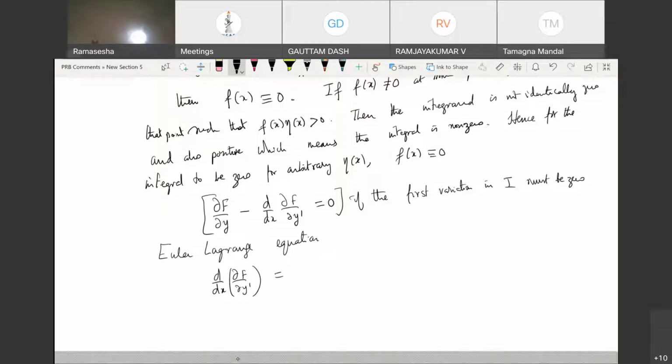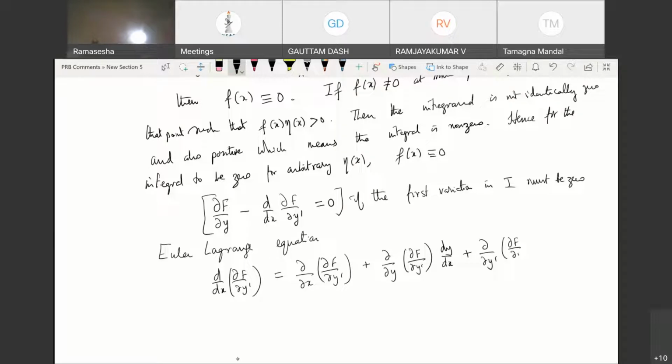You get the total derivative as del f by del y prime, partially differentiated with respect to x, plus del by del y of del f by del y prime times dy by dx, plus del by del y prime of del f by del y prime times dy prime by dx.